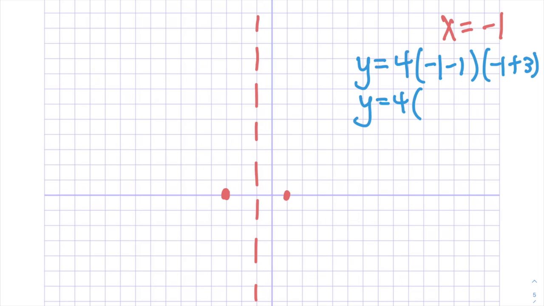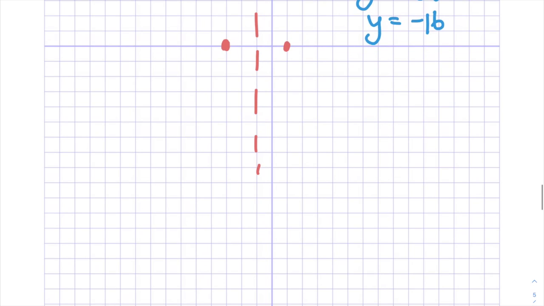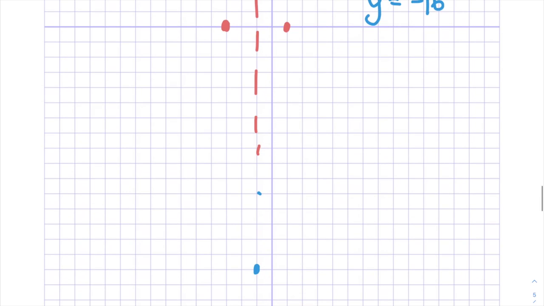So y equals 4 times negative 1 minus 1 is negative 2, and negative 1 plus 3 is positive 2. So 4 times negative 2 is negative 8, then times 2 once again gives us negative 16. So we're going to count down to negative 16. Negative 16, and here's our graph.